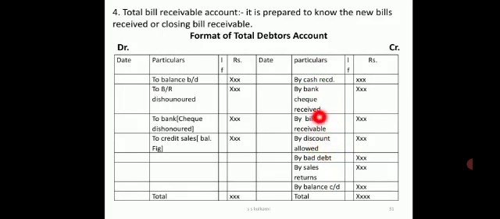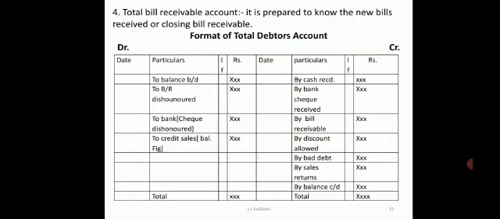All these are reducing my debtors, so I take them on the credit side, whereas my debit side has only three: opening balance, bills receivable dishonored, checks dishonored, and credit sales. Leaving these, the rest of the information supplied relating to debtors will come on the credit side.